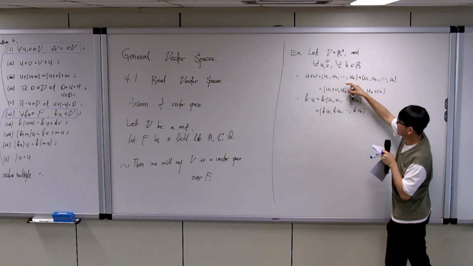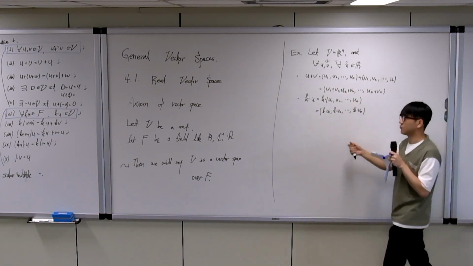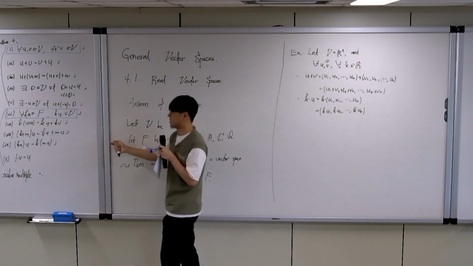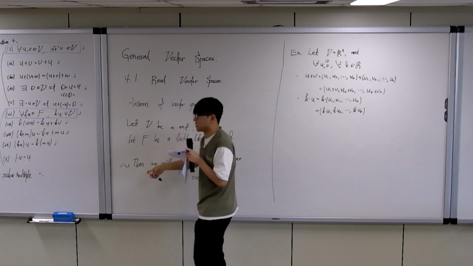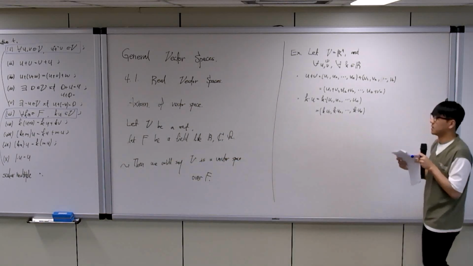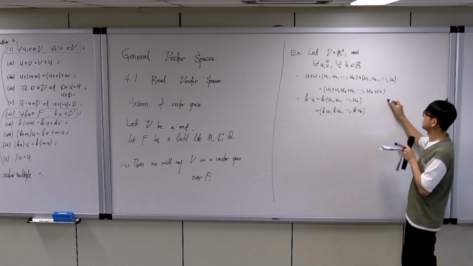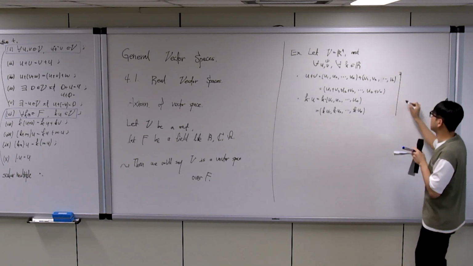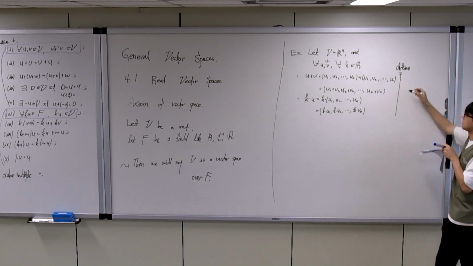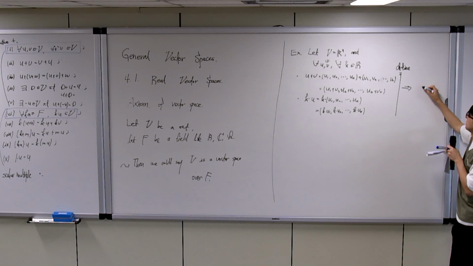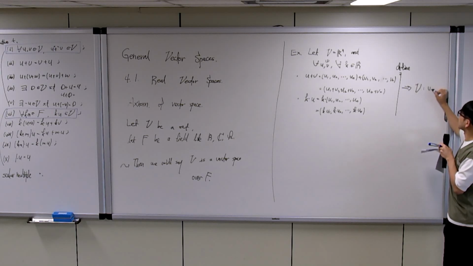So if you consider each vector, then it will satisfy the distributive rule and the associativity of the scalar multiplication. So if you define the operation like that, then it will be a vector space.